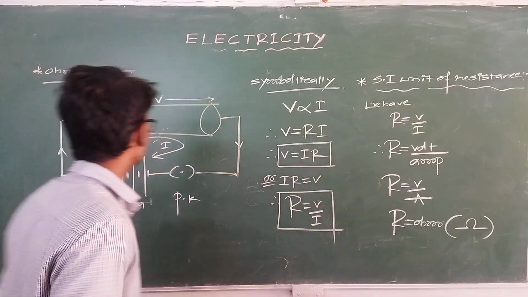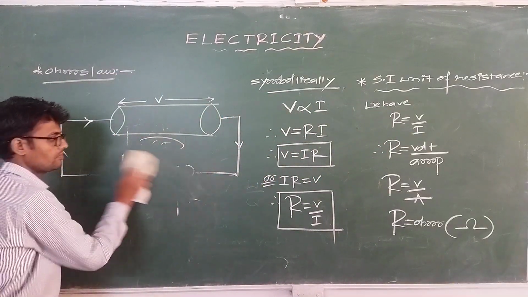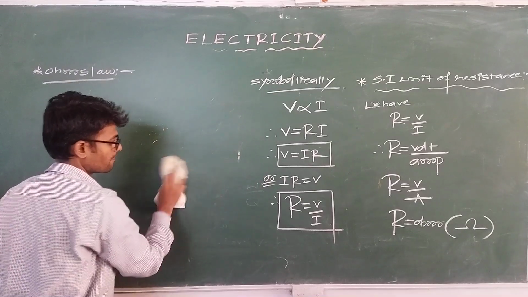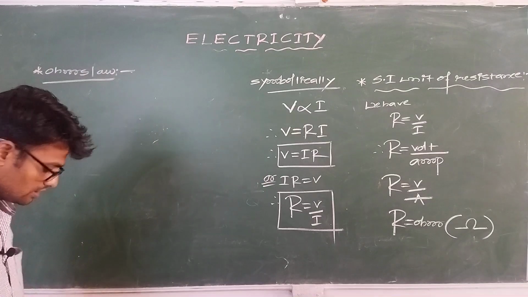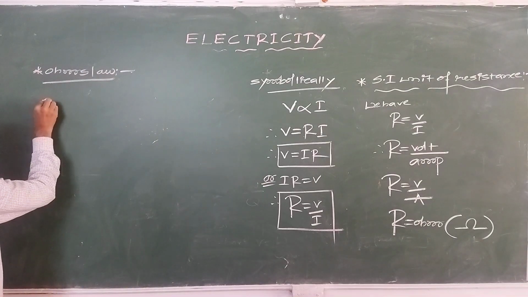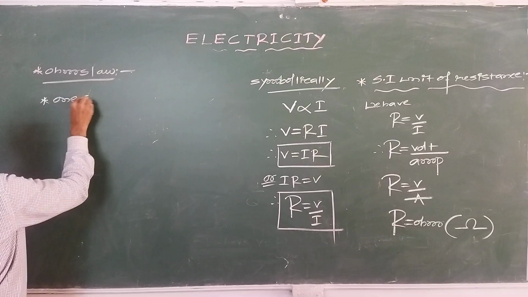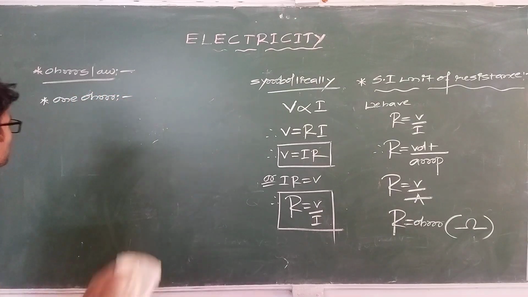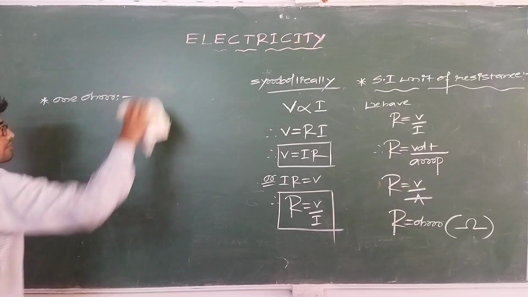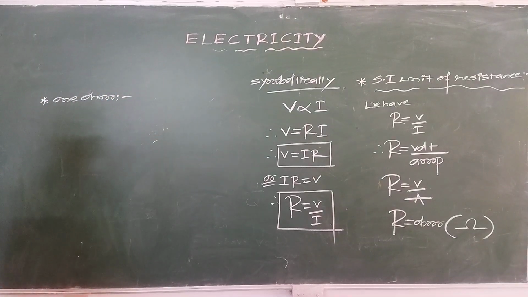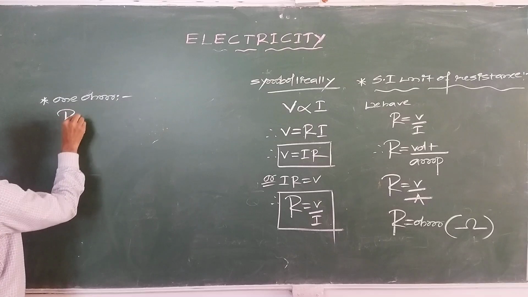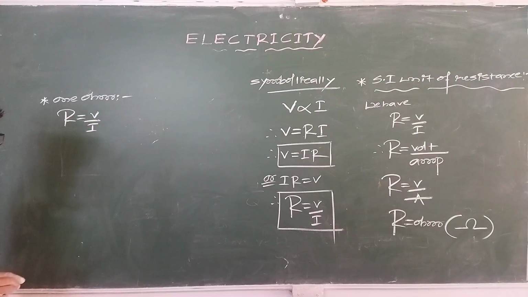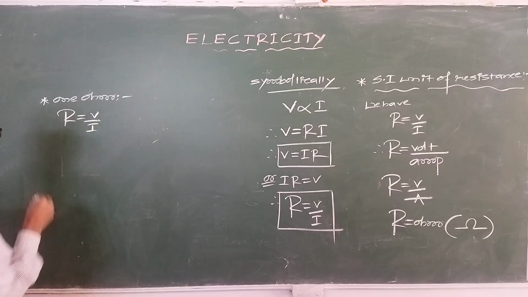After this, we have 1 ohm. So see, the definition of 1 ohm. First I will take the mathematical expression of resistance.